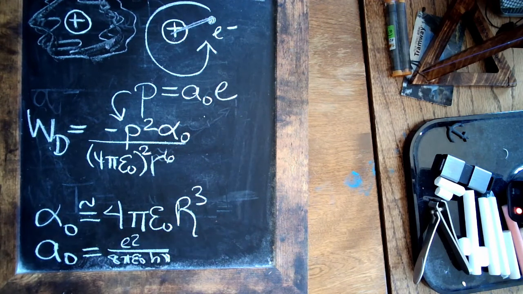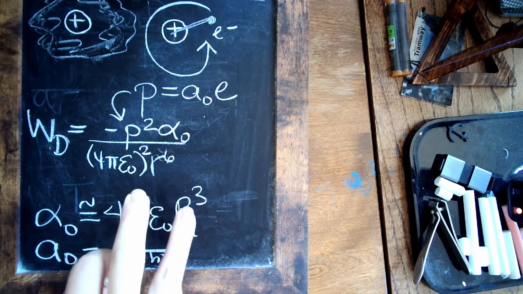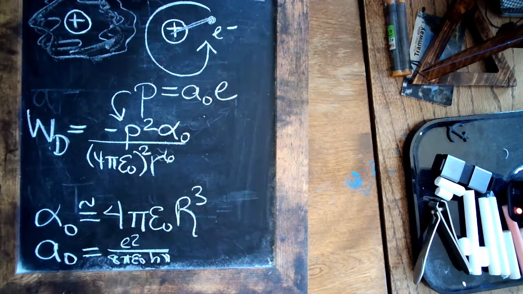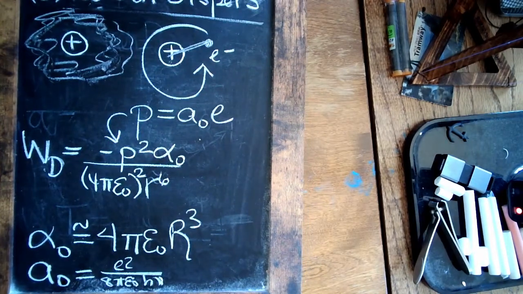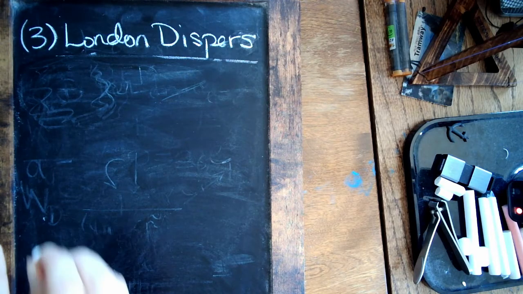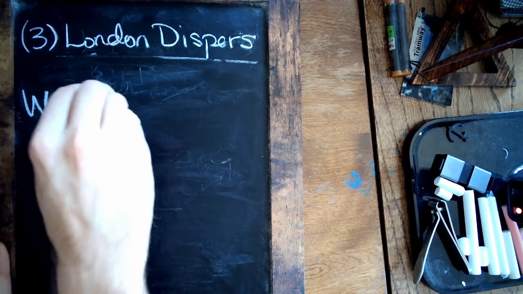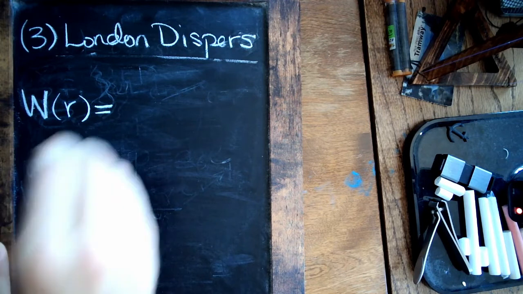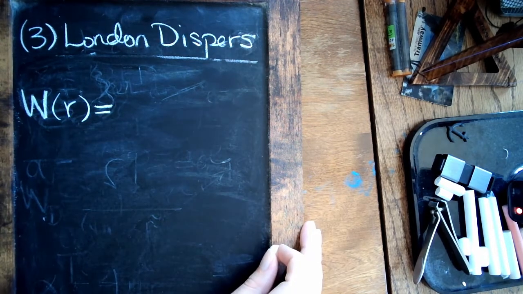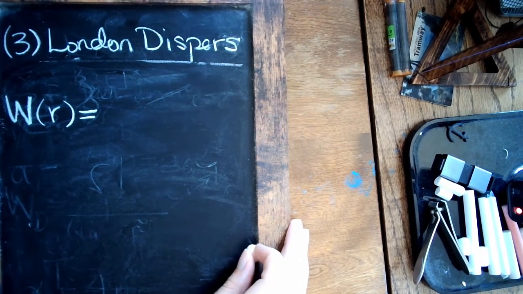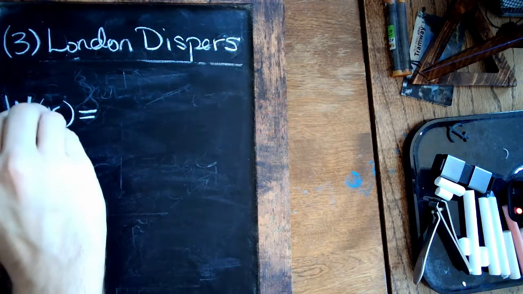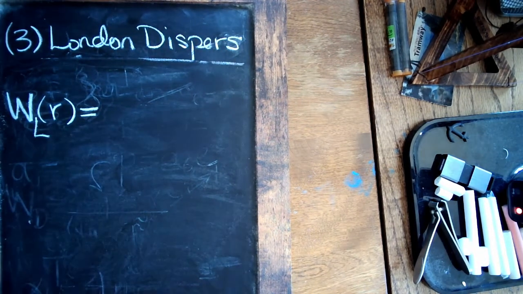If we put both of these together, we can write down what this energy would be for the instantaneous dipole in this dispersion effect. So if we plug it all in, here's what we get. W of R, in this case for dispersion. I'm realizing now D could stand equally for Debye and dispersion, so maybe we'll call this W_L for London dispersion.